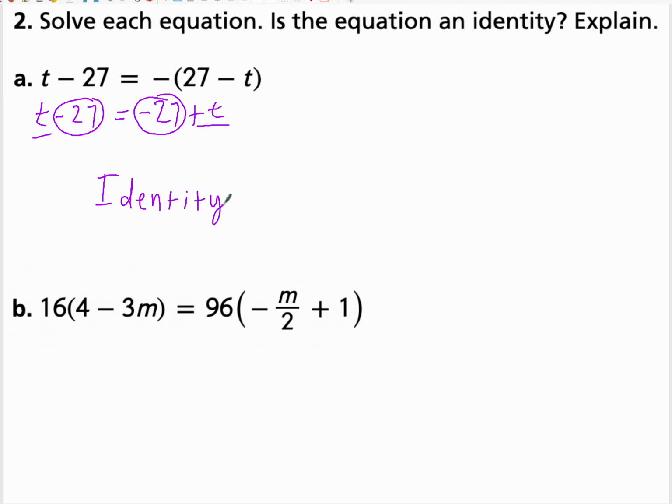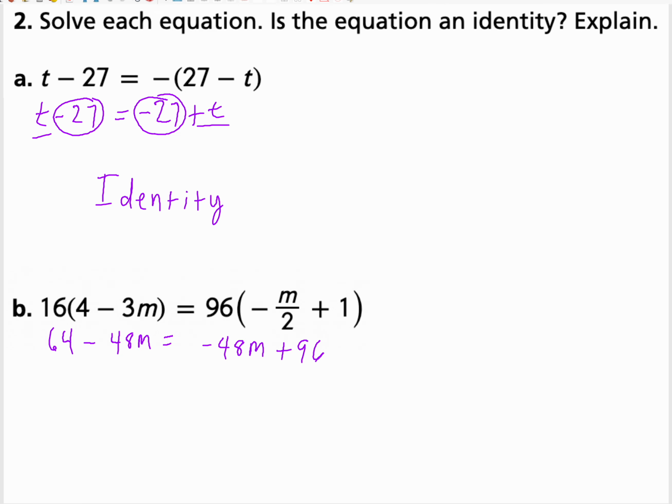All right, let's go ahead and work out this next one. We'll just distribute. 16 times 4 is 40, nope. 16 times 4 is 64. And 16 times 3 is 48m. And 96 times a negative m divided by 2 would be a negative 48m. And then 96 times 1 is plus 96.